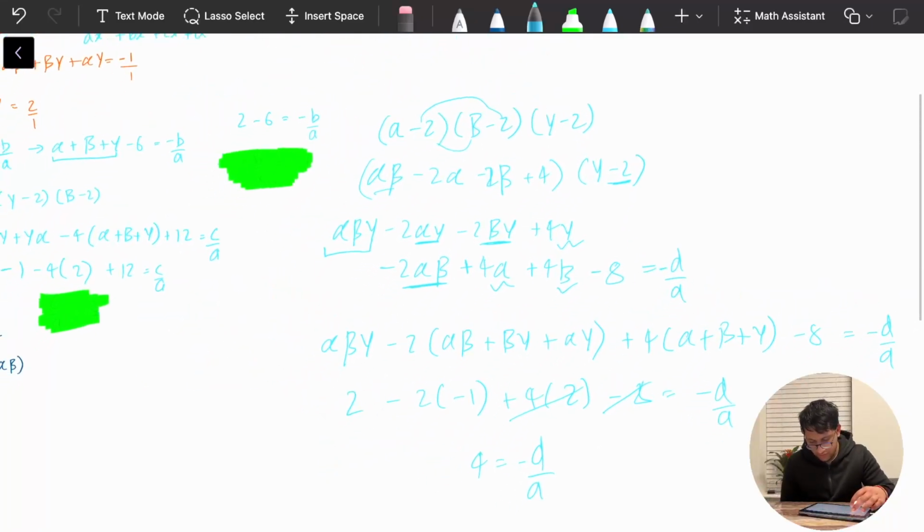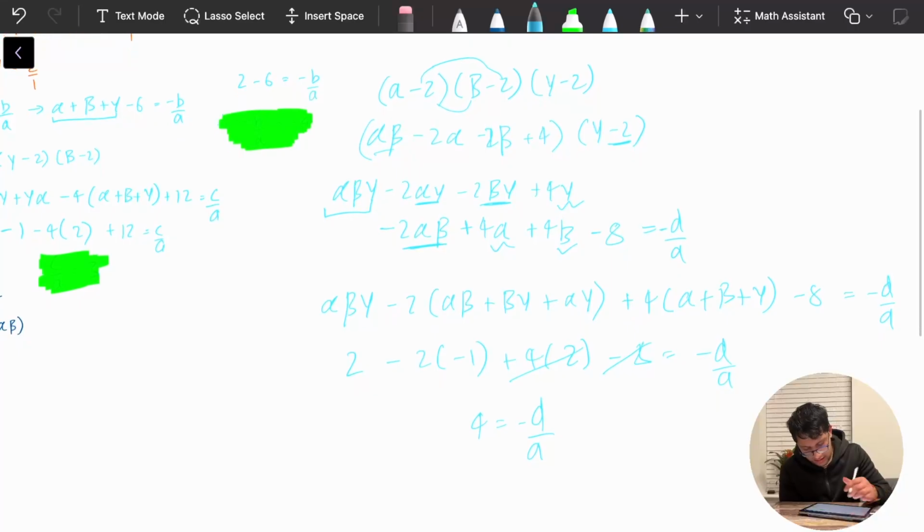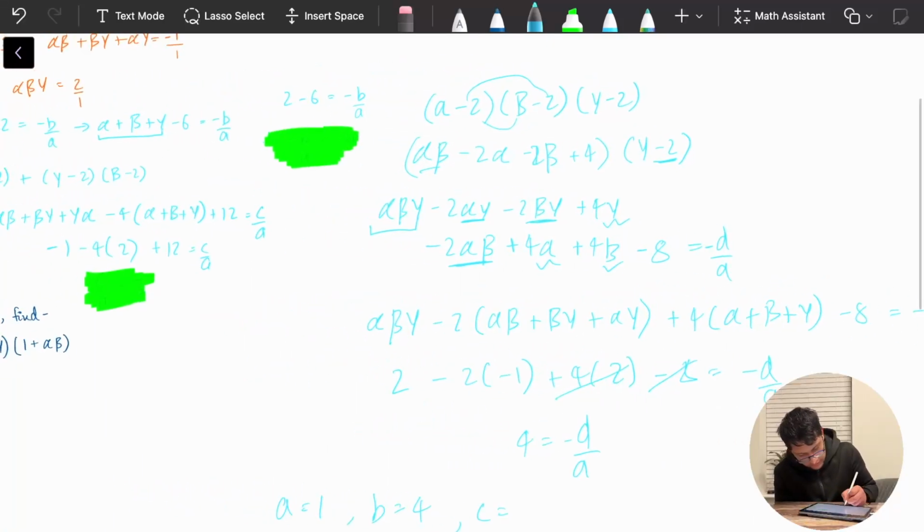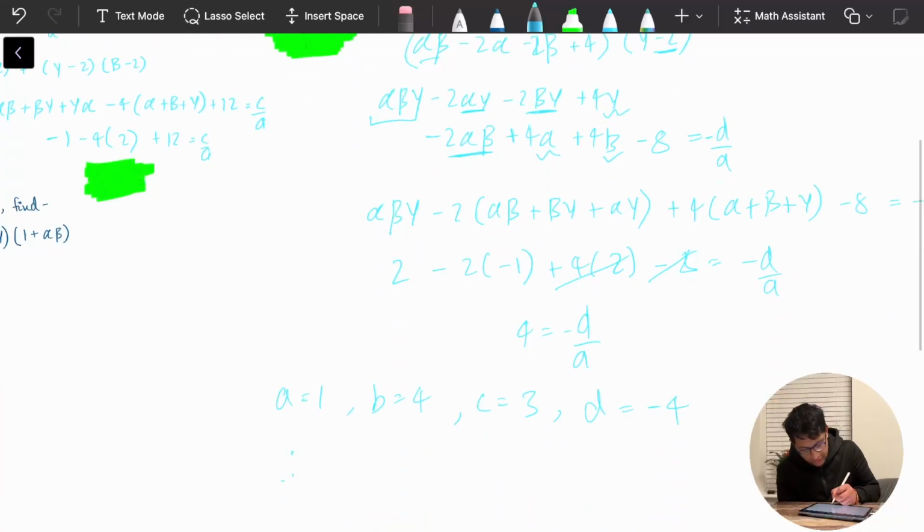If we just assume a to be 1, then b equals 4, c equals 3, and from here d will equal minus 4. Therefore, our new cubic is x cubed plus 4x squared plus 3x minus 4.